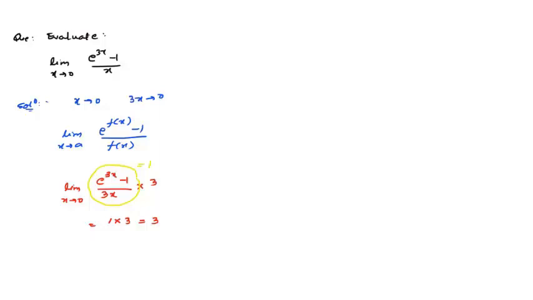What we have is ln of (5 plus x). You have to evaluate limit x tending to 0 of (ln of (5 plus x) minus ln of (5 minus x)) whole divided by x.